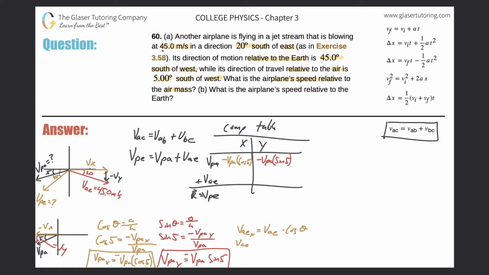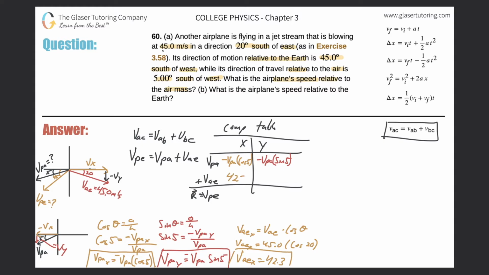So this is simply now equal to 45.0 cosine of 20. Okay, and let's calculate that number. So the velocity of the air relative to the Earth in the x direction should be 45 times cosine of 20, 42.3. Cool. So this becomes 42.3 meters per second.